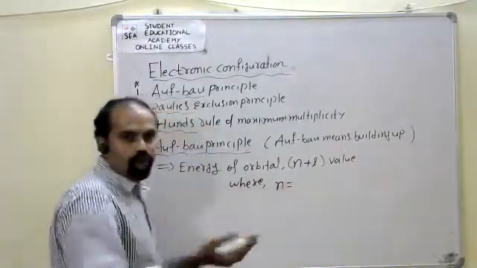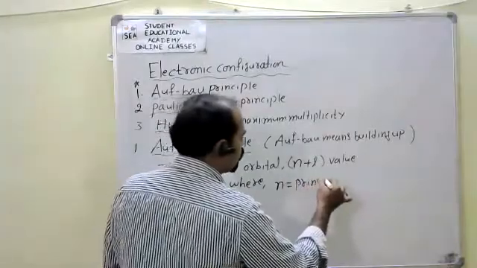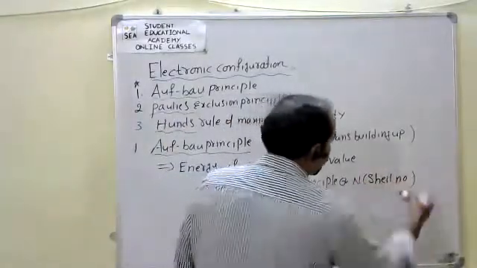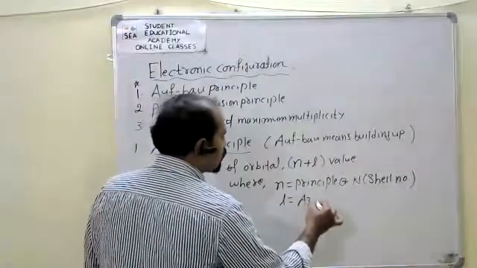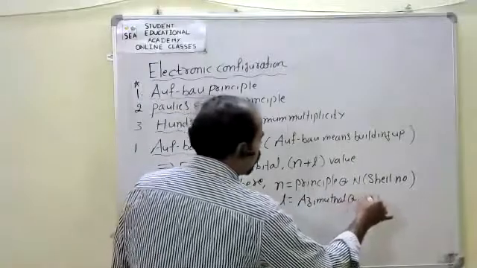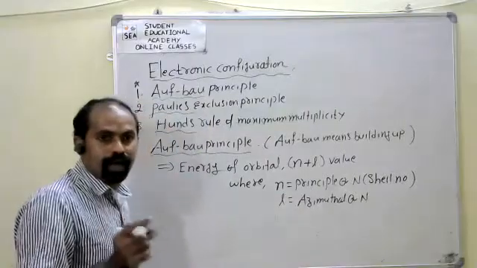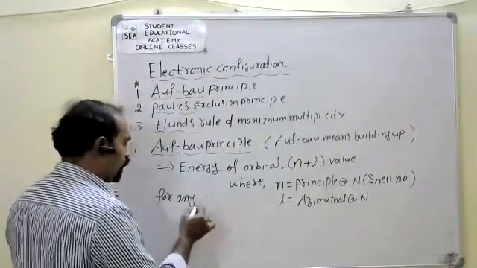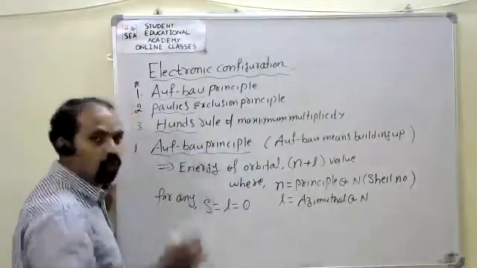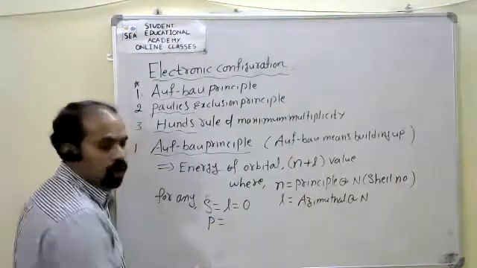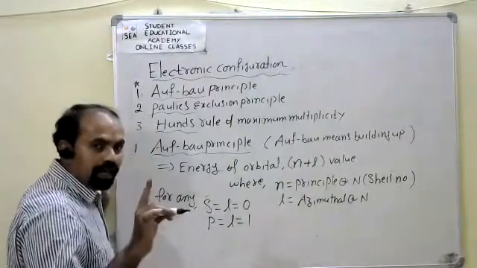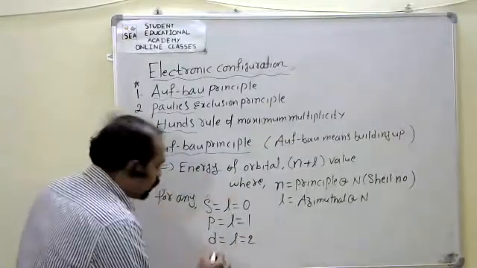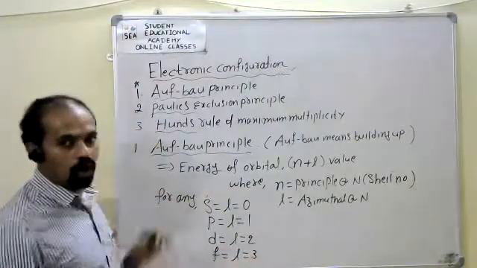For any s orbital l value is 0, for any p orbital l value equals 1, for any d orbital l value equals 2, for any f orbital l value equals 3, and so on.